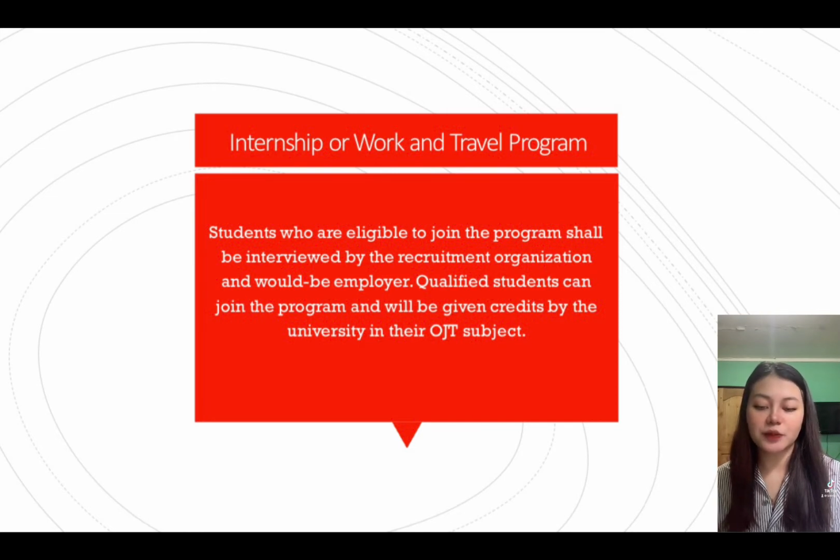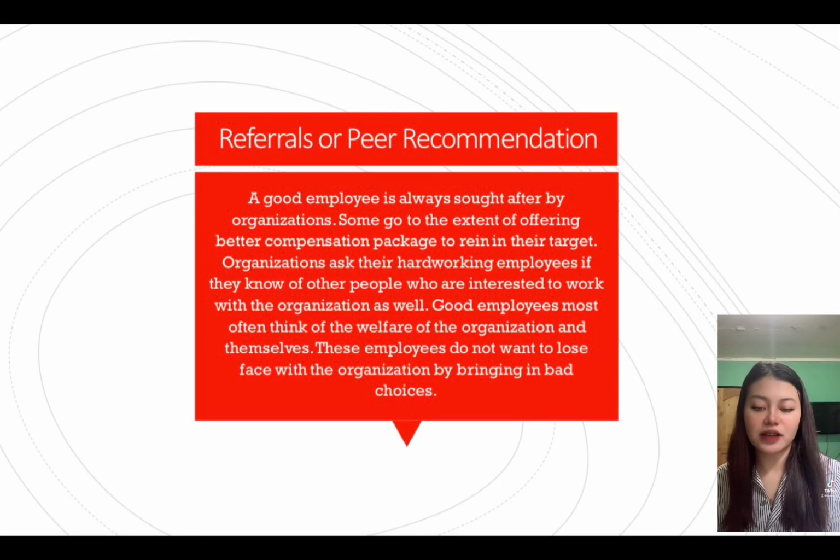Internships allow a student to explore and develop their career while also learning new skills. Number 5 is referrals or peer organization. Organization asks their hardworking employees if they know of anyone else who might be interested in working for the organization.